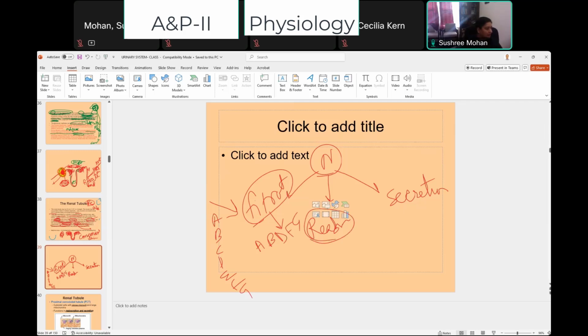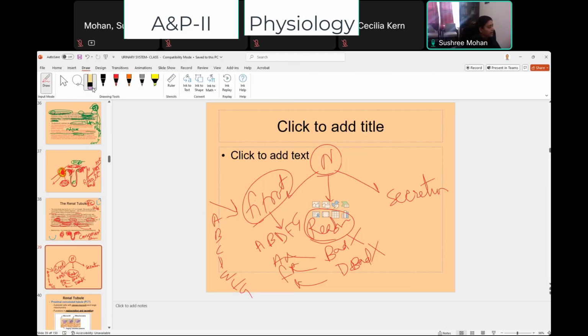During reabsorption, we'll see that B and D, which are the bad ones, are not reabsorbed. The ones that are reabsorbed are sent back. The ones sent back are A and say F. A and F are reclaimed back into the body.